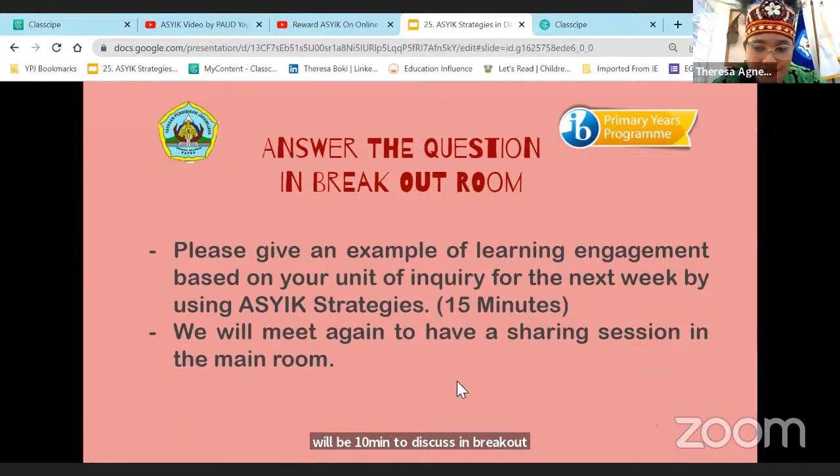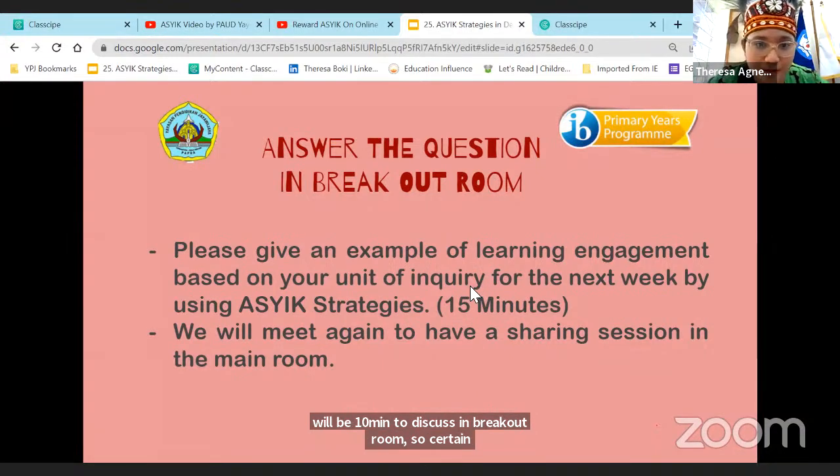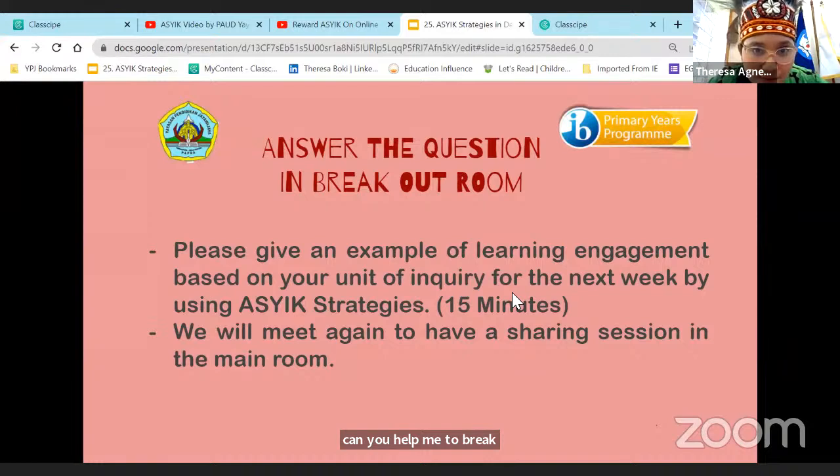So Certain, can you help me to break out? I see there are 65 participants, so it could be divided into 10 rooms, I think. Can you help me to break out rooms?